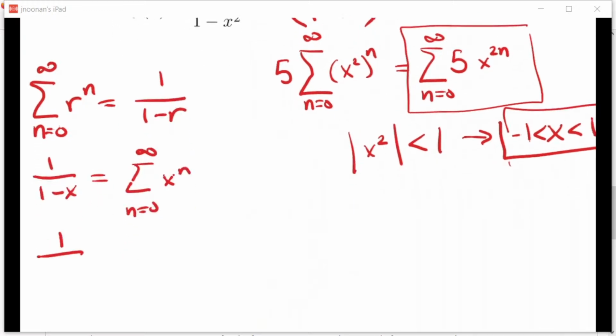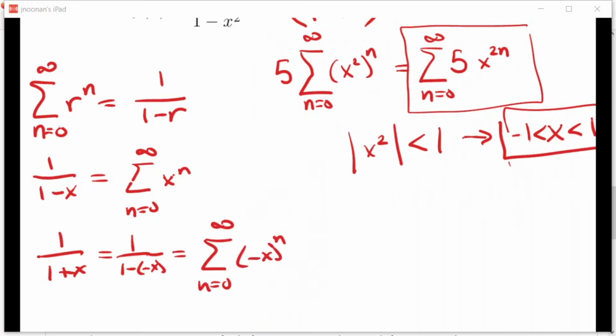And then if you had 1 over 1 plus x, that's where you have to do the double negative thing, and it equals the sum from 0 to infinity of negative x to the n.